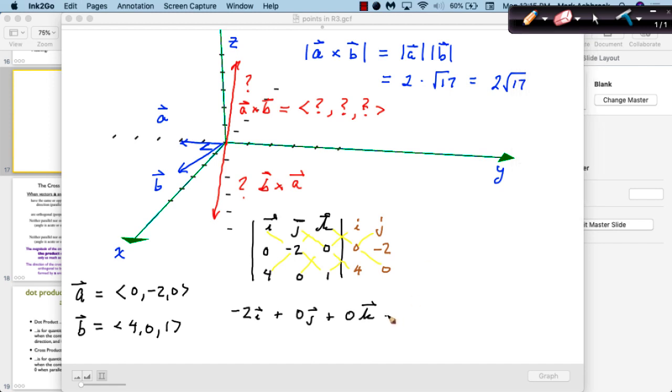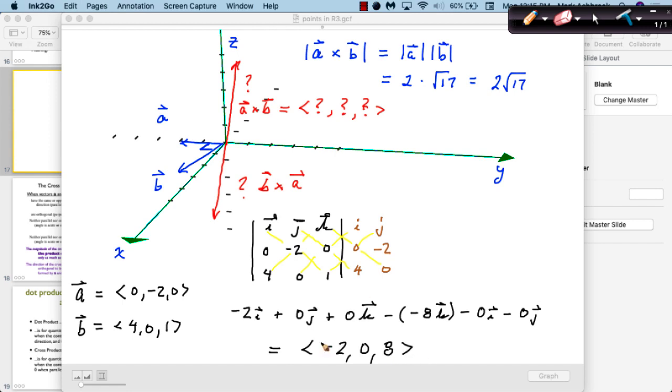So minus -8k, that's the first one, minus 0i, minus 0j. All right, did everyone follow what I did? So 3 diagonals down to the right, multiply and add. 3 diagonals down to the left, multiply and subtract those 3. And then simplify. So how many i's do I have? -2i. What's my j? 0j, is that right? k is 8.